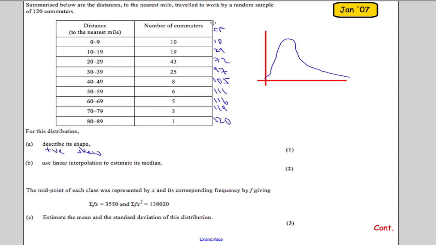So the median out of 120 people is going to be the 60th person. So where does that 60th person lie? We've got 29 and then 72, so it falls in between.